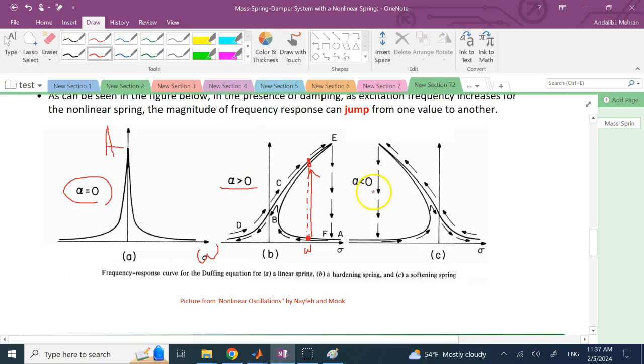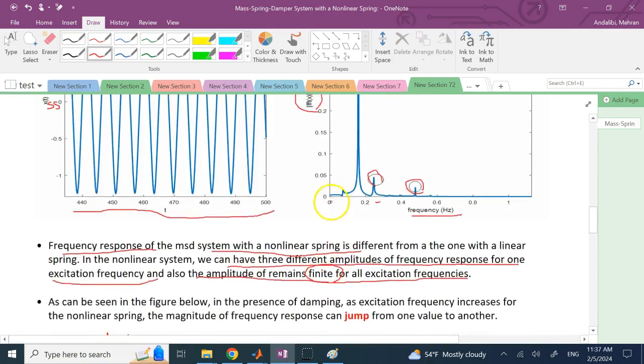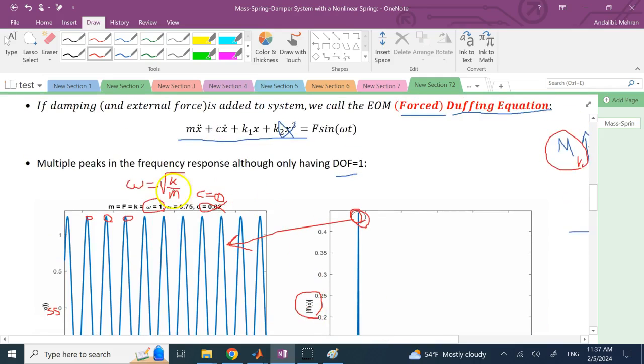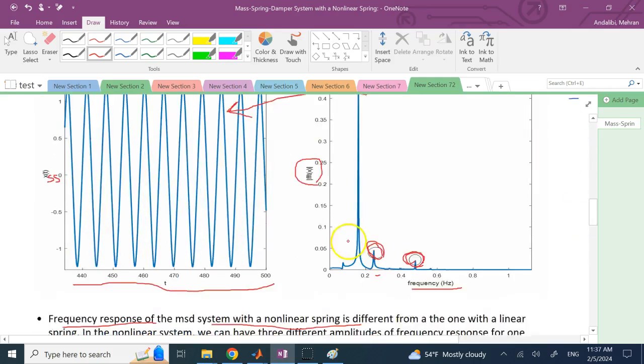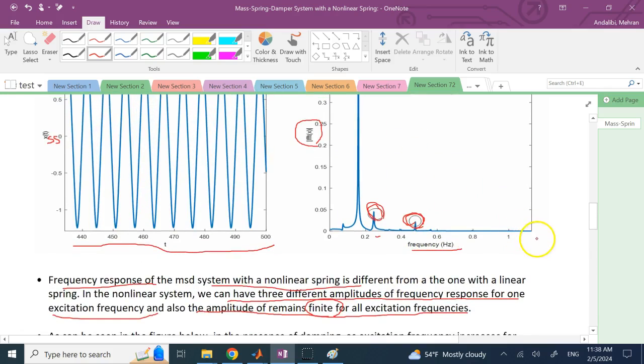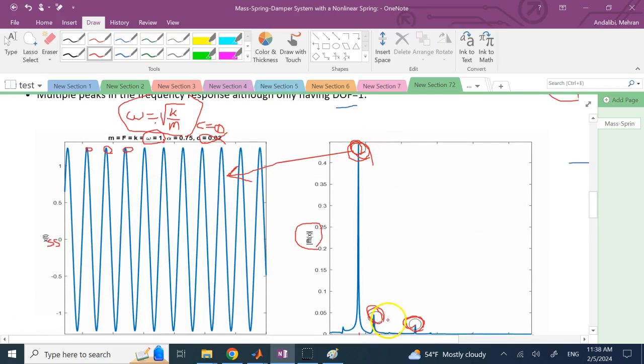This behavior is different if you plot this frequency response by recording the peaks per this omega and then change this omega, change this input frequency. And you're going to see that while I was at this peak, when I change my omega, you can clearly see it, this is your omega. When I go from this frequency to this one, now my peak jumps from this to this.